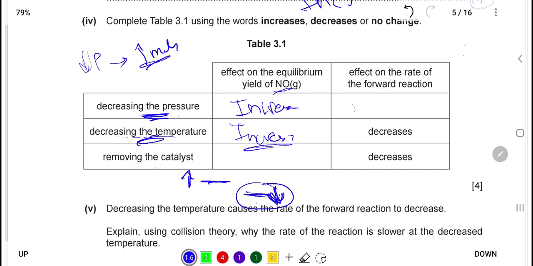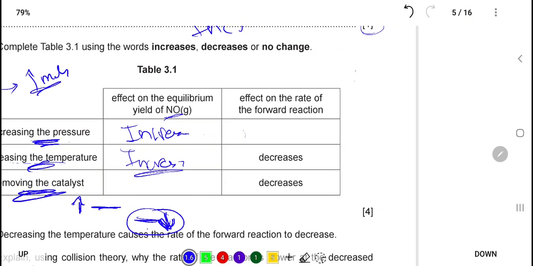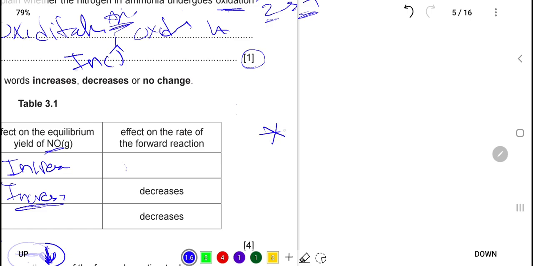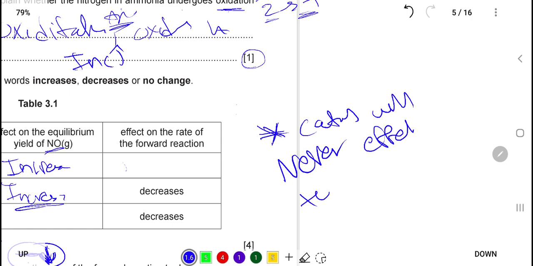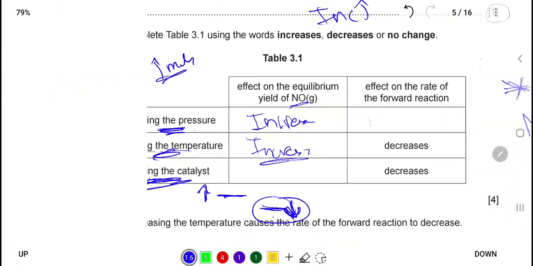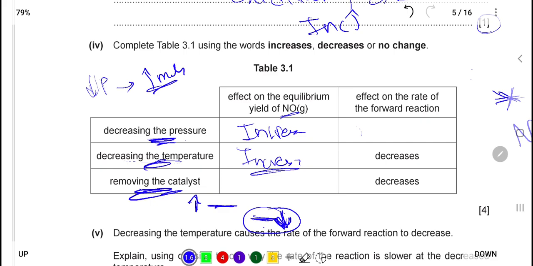Now, removing the catalyst is one important point I want you all to know. A catalyst will never affect the equilibrium. This will be a tricky question. You might say decrease because a catalyst speeds up the reaction, and if there was no catalyst it would decrease the reaction.